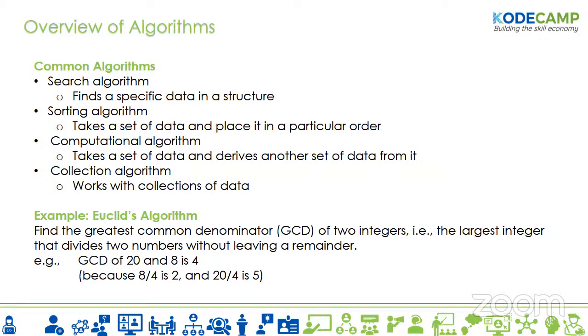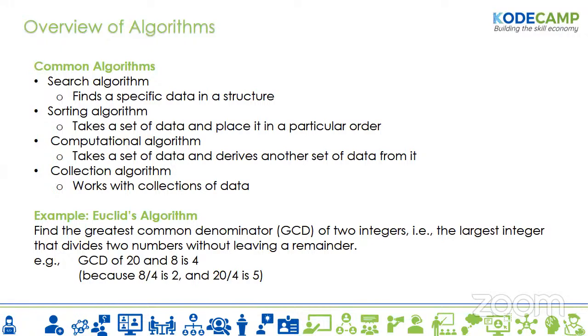There are different ways you can go about it. There are different types of search algorithms, which we will look at in detail in our class on Friday, with practical examples of them.